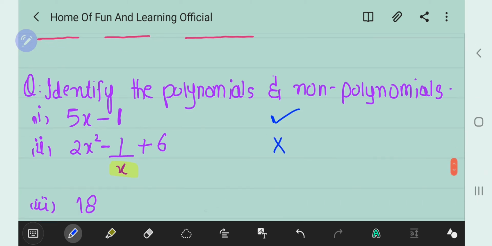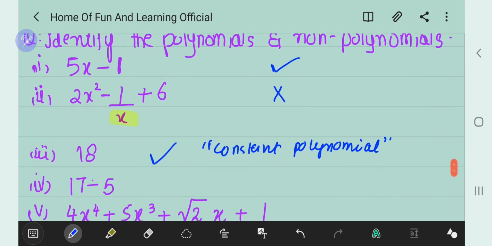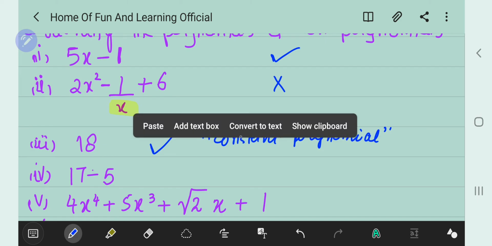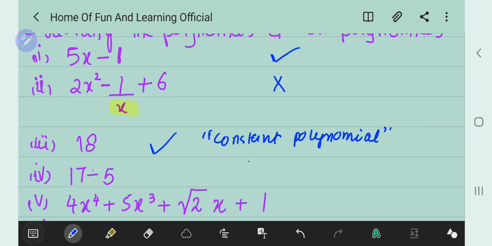This is a polynomial. This is a special case, and that's a constant polynomial. Some people say there's no such thing as constant polynomials, but we will follow this. If you do not want to abide by this constant polynomial thing, it's okay. It's not a rule for everyone.